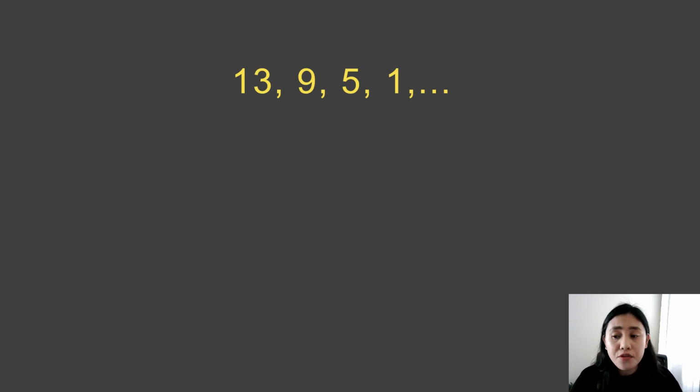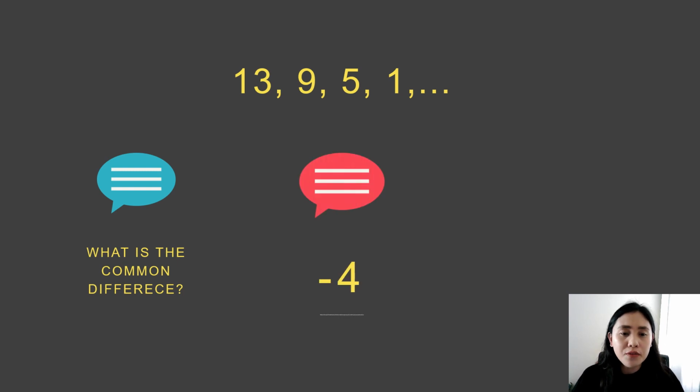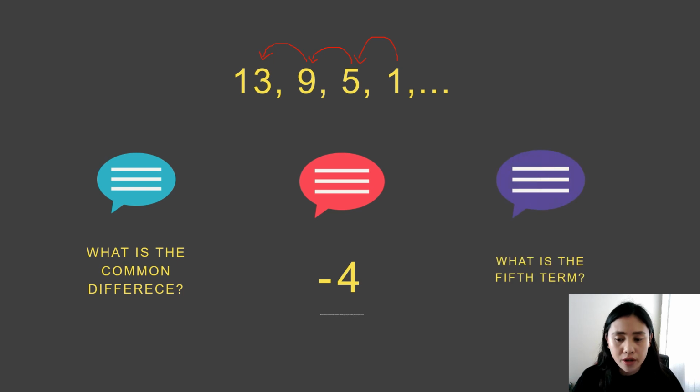13, 9, 5, and 1. What is the common difference? Kung mapapansin ninyo, ang number ay pababa. Isang palatandaan na ang common difference o ang dinadagdag sa kanya ay negative number. So the common difference here is negative 4. 9 minus 13 is negative 4. 5 minus 9 is negative 4. 1 minus 5 is also negative 4.